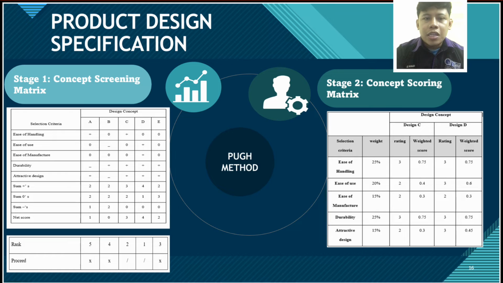Design D was chosen based on the highest value it got, calculated using the formula of the sum of the weighted score, which is mentioned below.